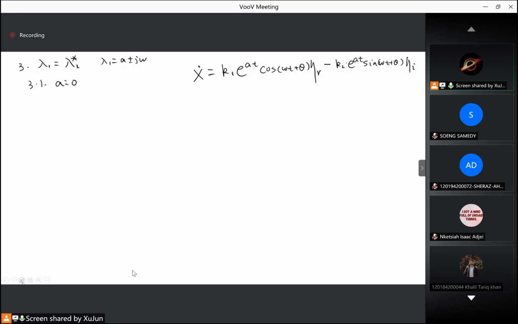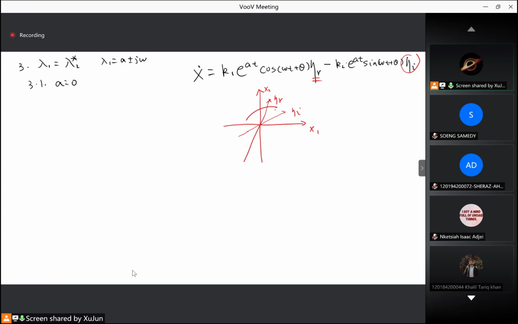And for case 3.1, in this x1, x2 plane, between eta r and eta I, assume this is eta I and assume this is eta r. If alpha is 0, it will be an ellipse.